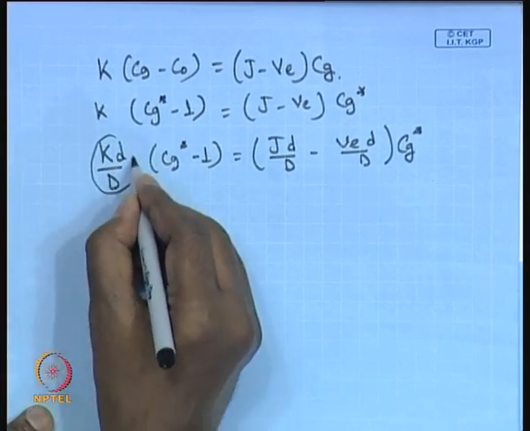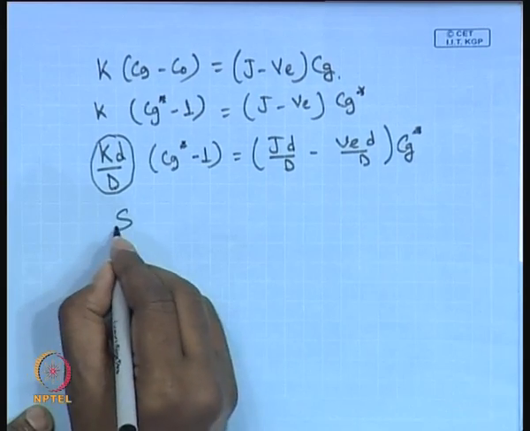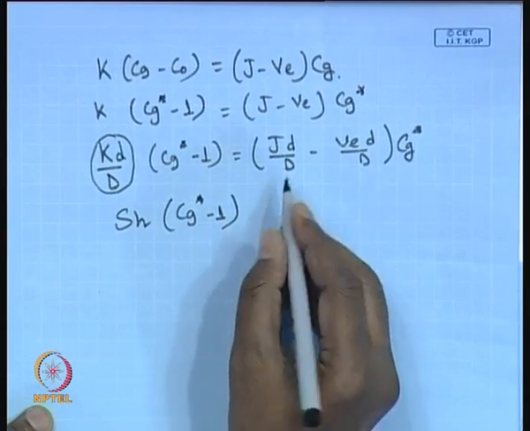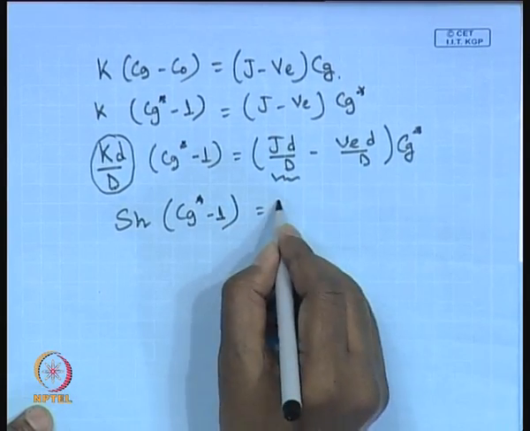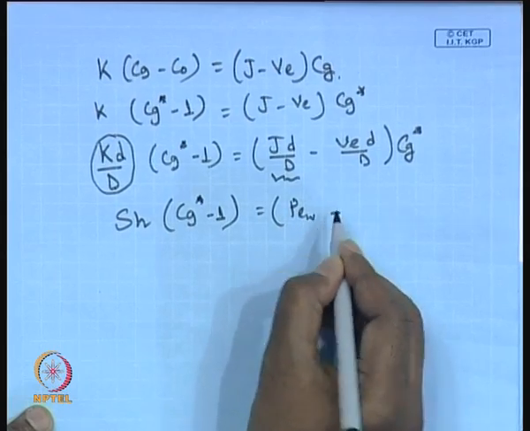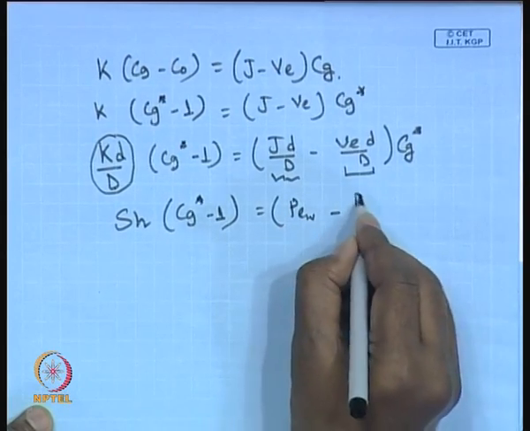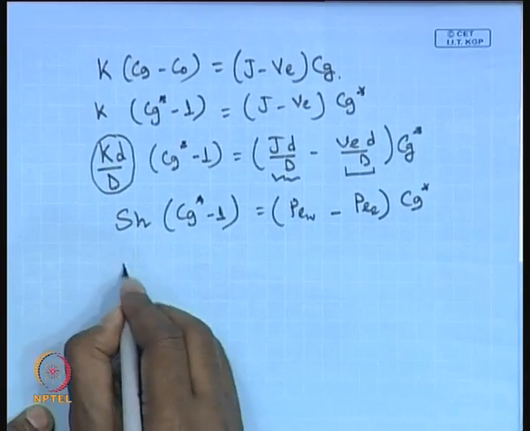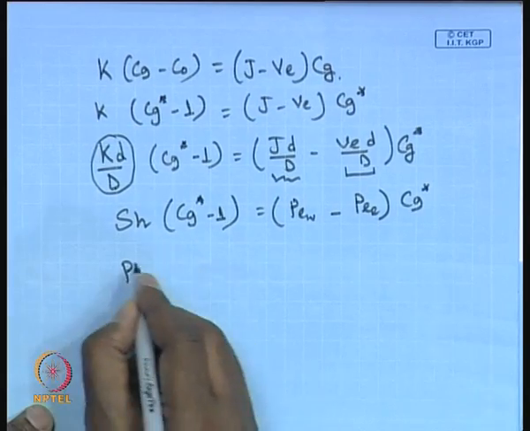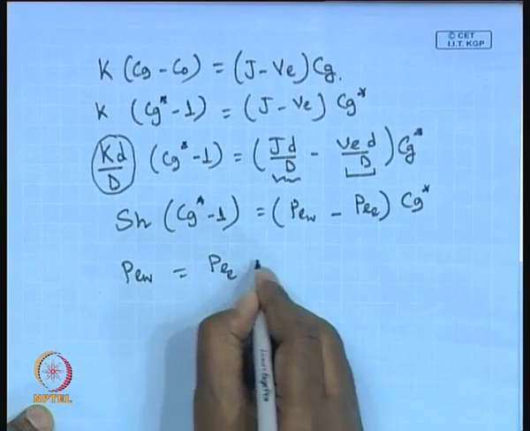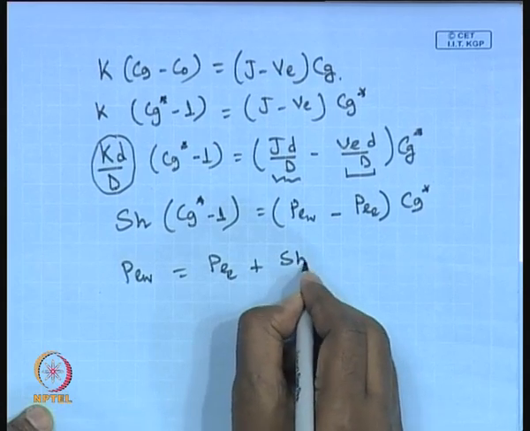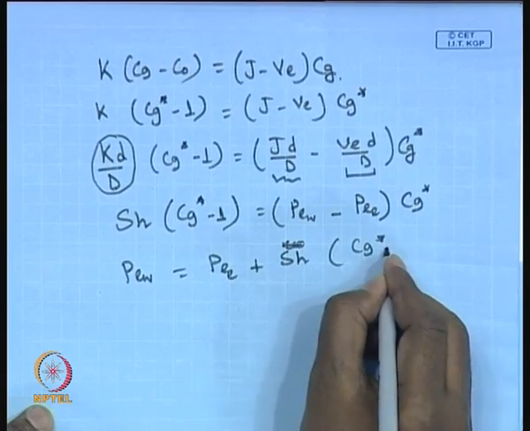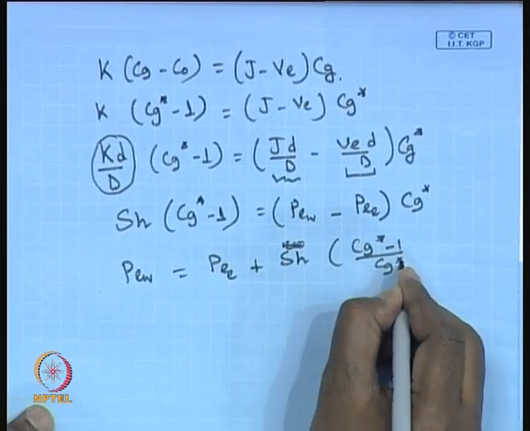So, what is this? This is nothing but the Sherwood number. Cg star minus 1 is equal to, what is this? This is nothing but the PW minus PE times Cg star. So, PW is nothing but PE plus Sherwood, average Sherwood, okay, multiplied by Cg star minus 1 divided by Cg star.